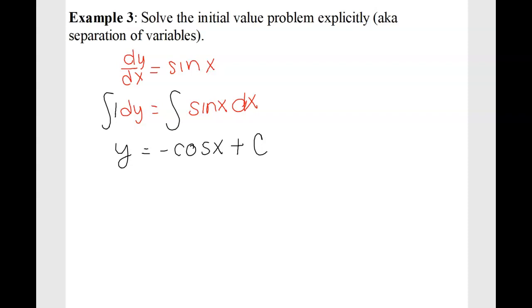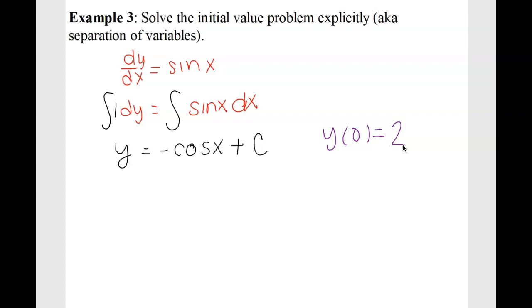All right. Now, at this point, I have kind of solved my initial value problem. What I have not done is included those initial conditions. The initial condition was that y of 0 was equal to 2. So it means when x is 0, y is 2.